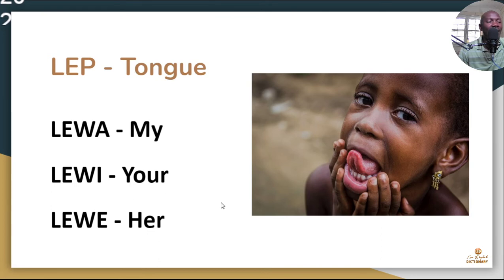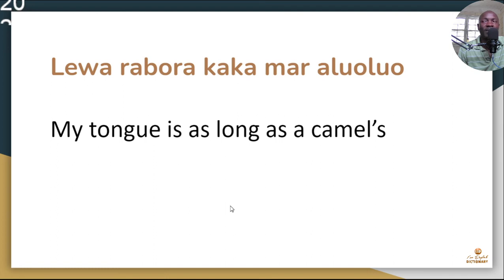In a sentence you can say, lewa rabora kaka mar aluo luo. My tongue is as long as a camel. I don't know whether a camel's tongue is long, or a tiger, a camel, or a giraffe.